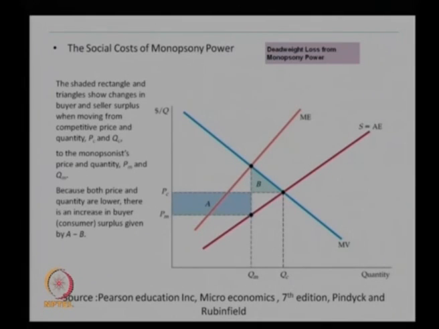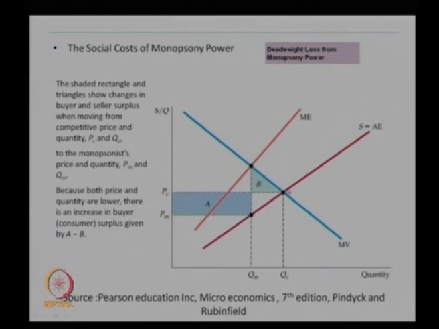The shaded rectangle and the triangle show the change in the buyers' and sellers' surplus when moving from the competitive price and quantity. This triangle B is nothing but the deadweight loss, because it goes neither to the buyers nor to the sellers.